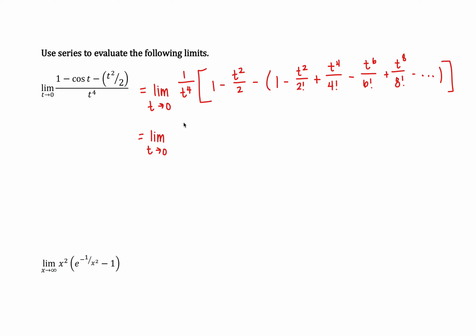So now I have the limit as t approaches 0, 1 over t to the 4th. And we've got 1 minus t squared over 2 minus 1 plus t squared over 2 factorial minus t to the 4th over 4 factorial plus t to the 6th over 6 factorial minus t to the 8th over 8 factorial, and so on.